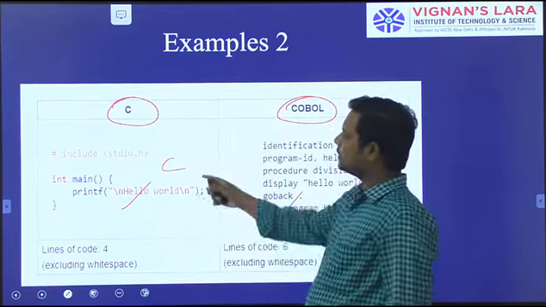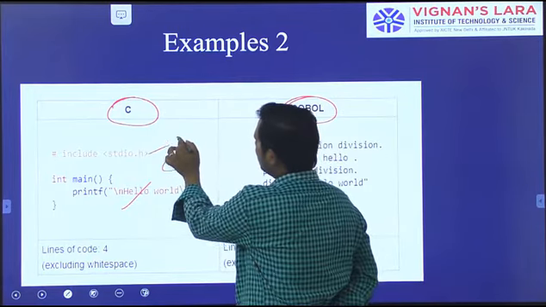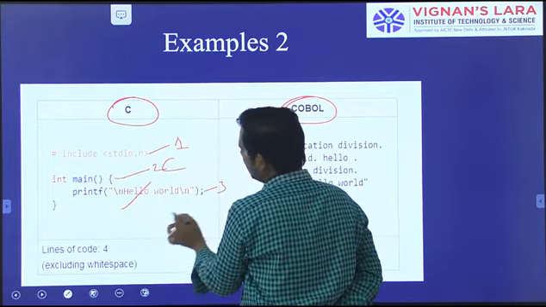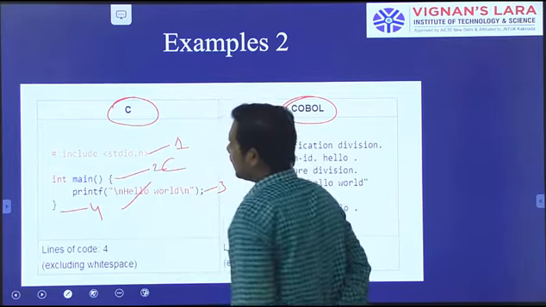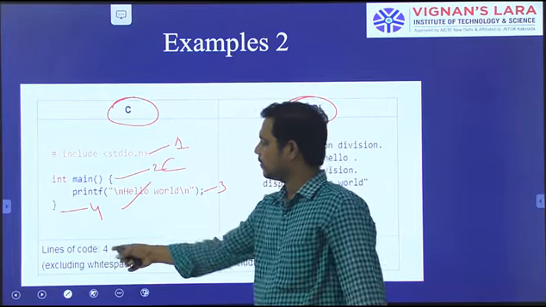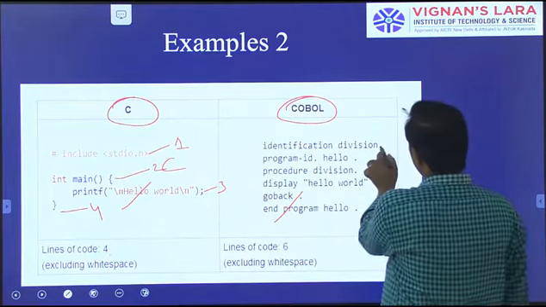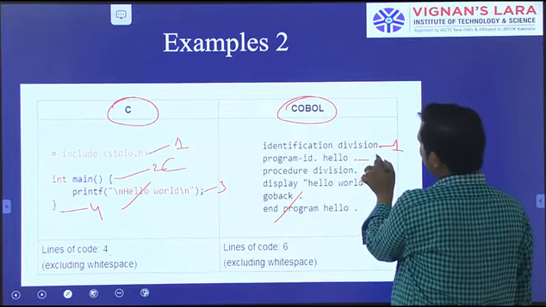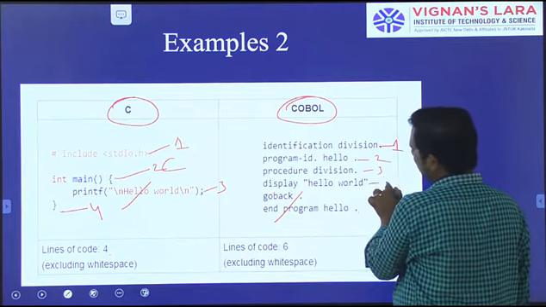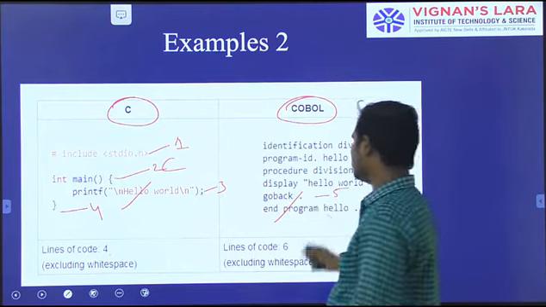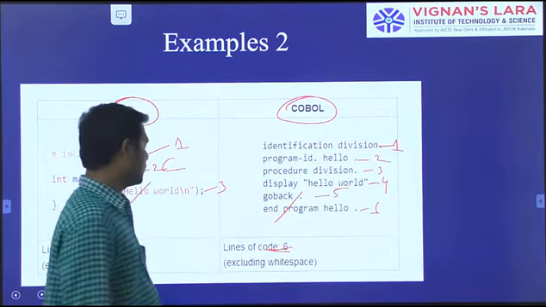In the C language, line 1, line 2, line 3, line 4. 4 lines are there. Total lines of code is 4. Here in COBOL, it is line 1, line 2, line 3, line 4, line 5, line 6. Total 6 lines of code.